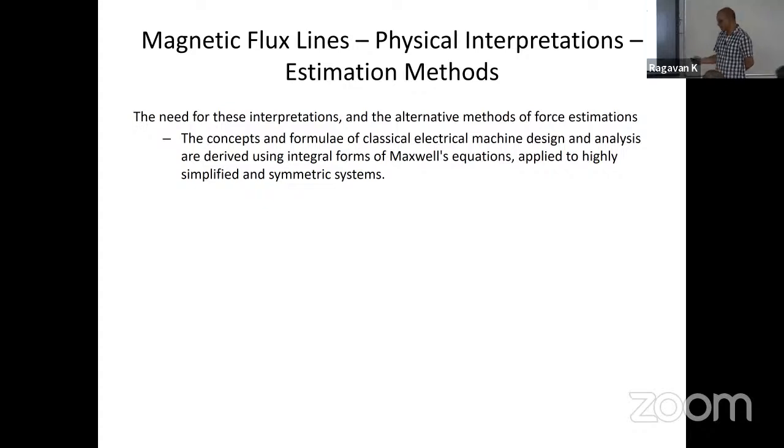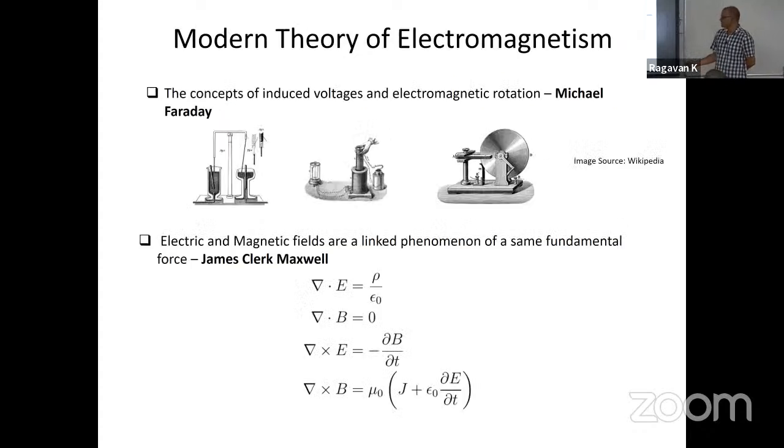So we have seen the differential forms. For example, let's see this. Integral of B dot dS is equal to 0. That is, field doesn't come out of a surface, right? Integral of E dot dl is equal to minus dB by dt into dS. That is, if you have a surface, the flux changing in that surface is equal to the induced voltage integrated in a loop.